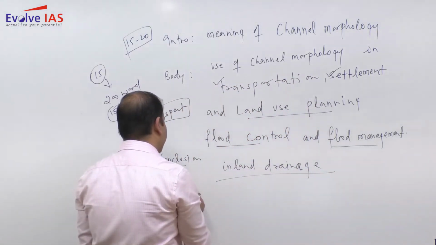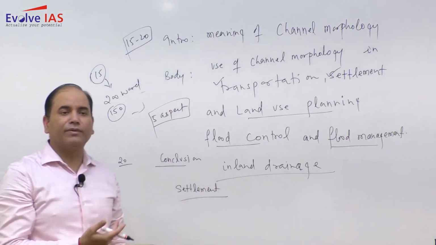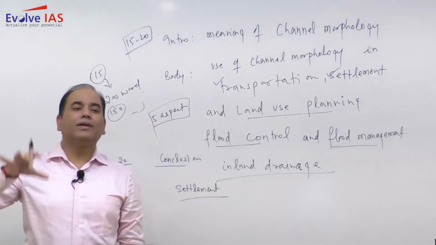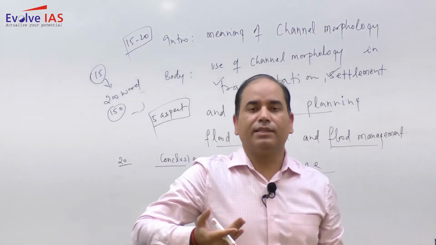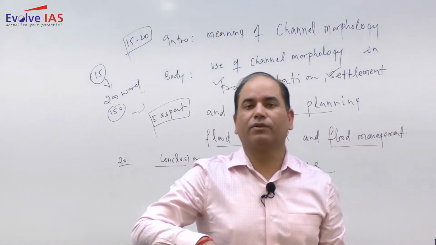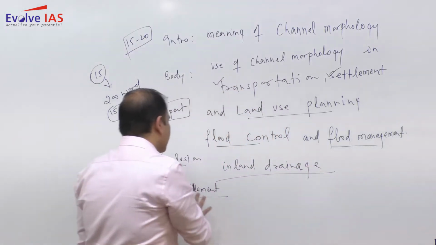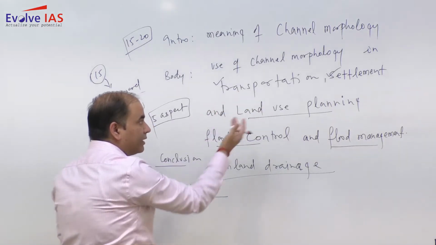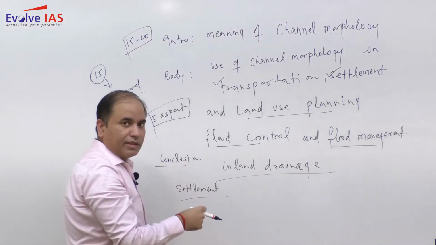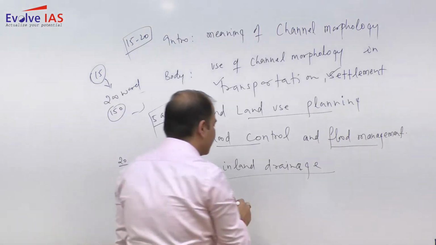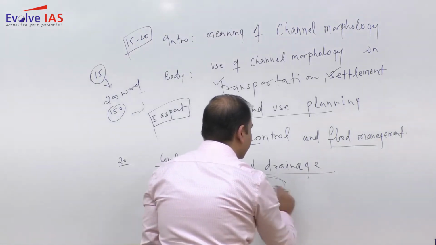Settlement: there are various types of settlement, and one very prominent type is the riverside settlement. In fact, if you look historically, you will find most of the cities, even the Indus Valley civilization, were settled near the riverine area. So settlement is associated with knowledge about the channel, because even in the present time, you will find the majority of the population is concentrated in the northern plain.